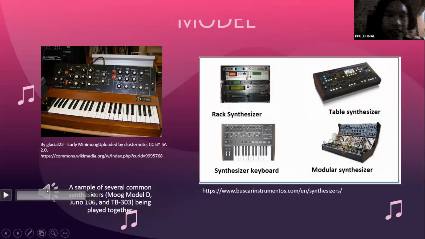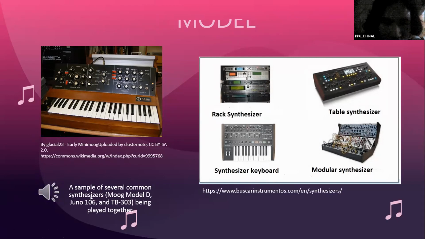So this is how it sounds. So that's basically the sound of a synthesizer.